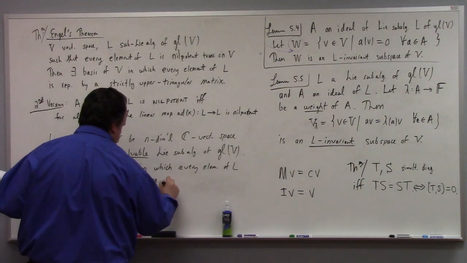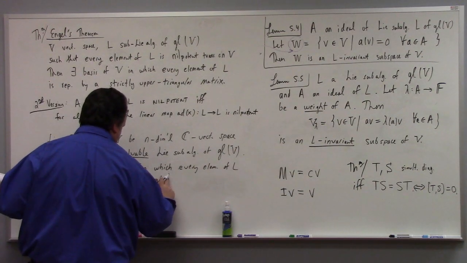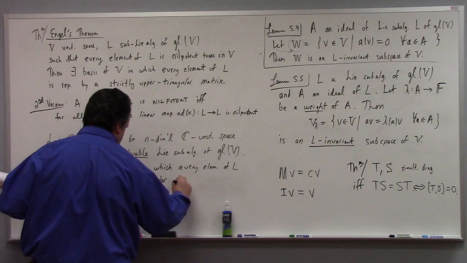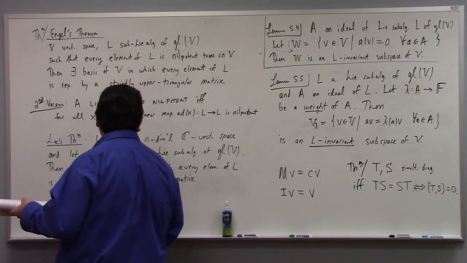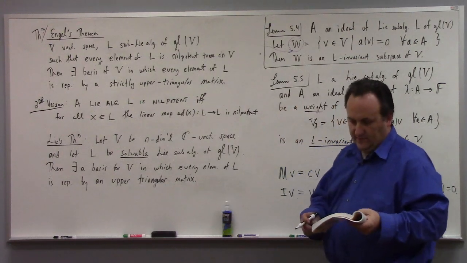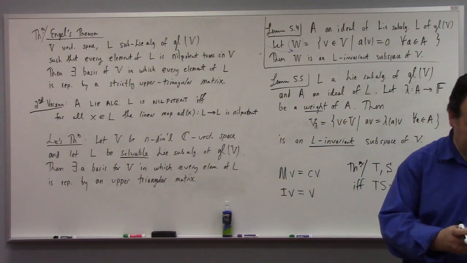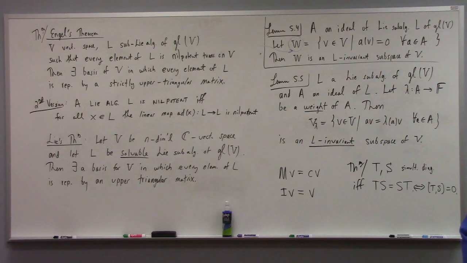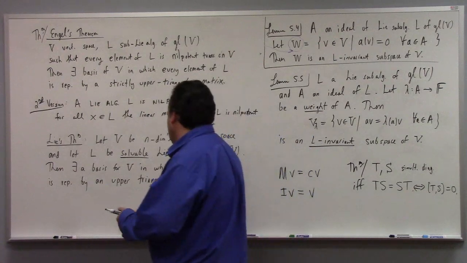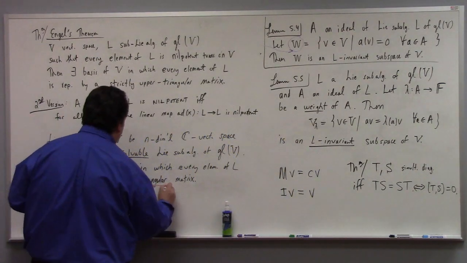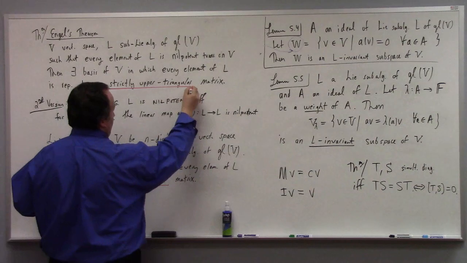Do you see the difference? What's the difference? Yeah, solvable versus what? Nilpotent, right? And do you see the difference in the kind of matrices we're looking at? Right, exactly. So this is the key difference, upper triangular versus strictly upper triangular.